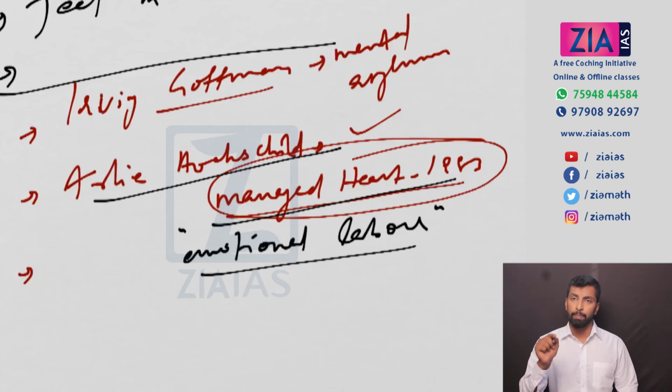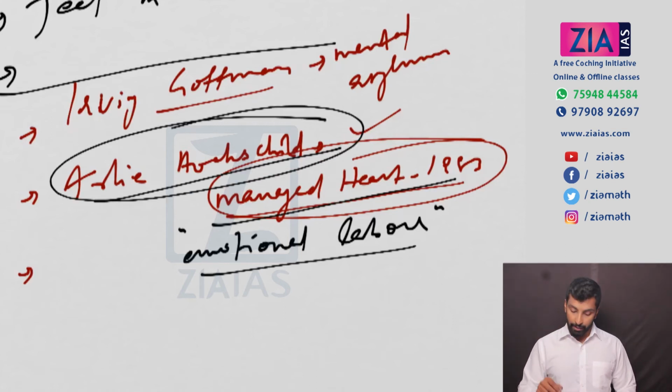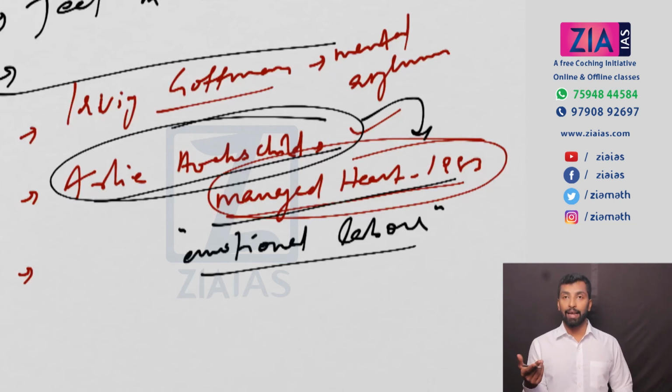You can cut, copy, paste exactly the same content. Arlie Hochschild used the symbolic interactionist perspective in her study Managed Heart, 1983, of Delta Airlines, and she studied how the air hostesses are managing their emotions to serve the passengers better, and she termed this emotional labor.